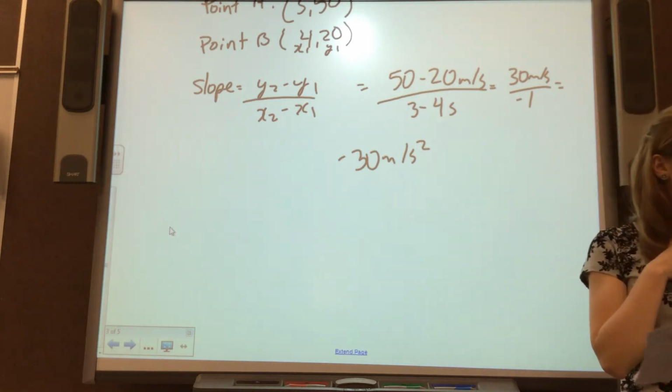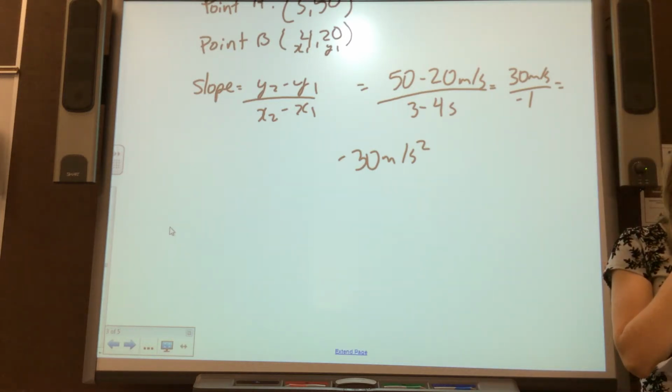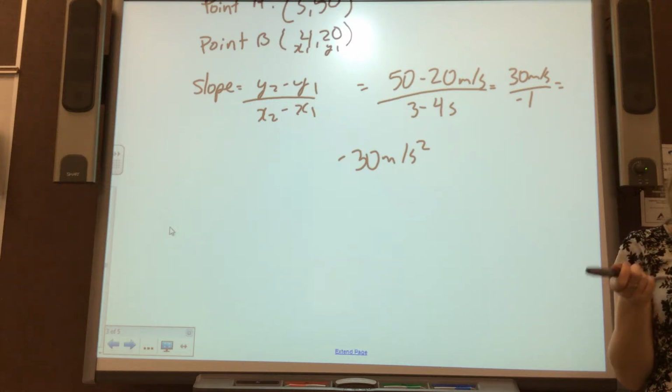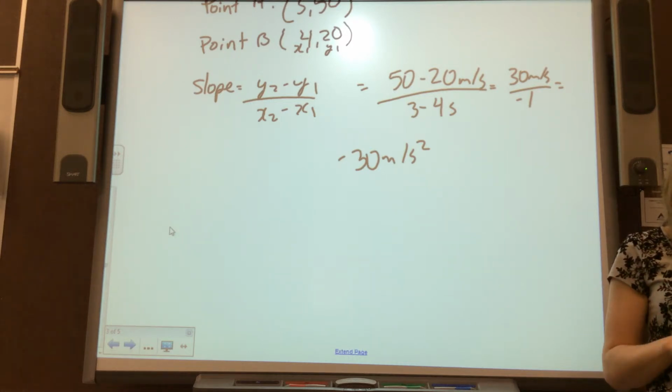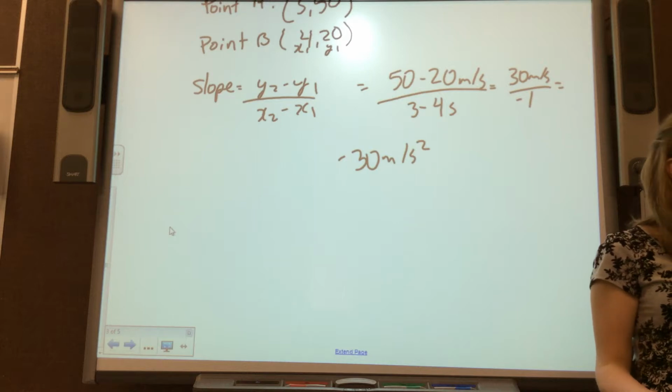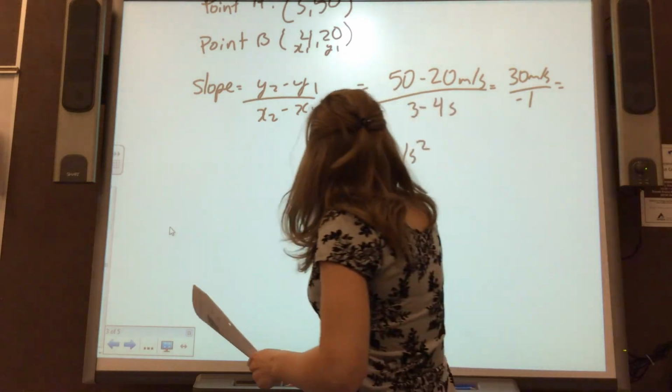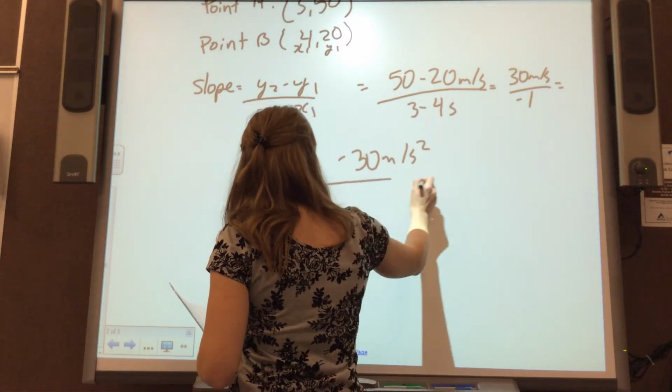Oh, you do? It's like negative 30 over 1 instead of 30 over 100. Okay. So Dylan and Lisa figured out that it doesn't matter which one you choose as y1, y2, etc. You'll get the same answer, which makes sense because you're figuring out the slope of that line. Right, okay, good. Thank you. So that's our A.